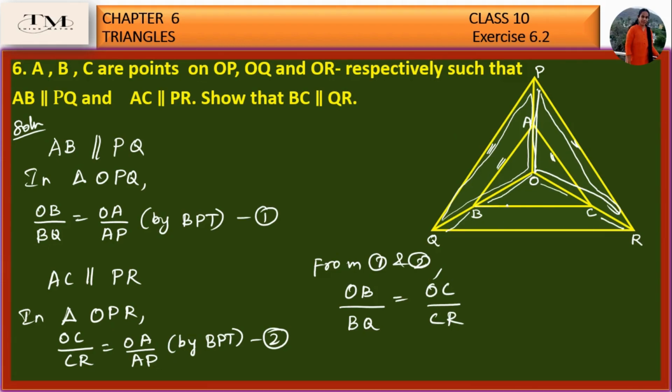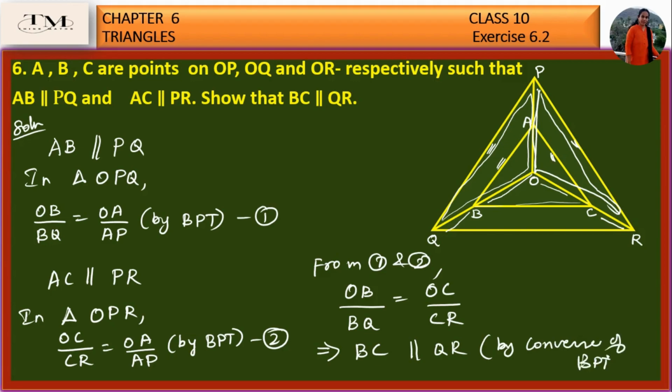So this BC divides OQ and OR. Then we have BC parallel to QR by converse of BPT.